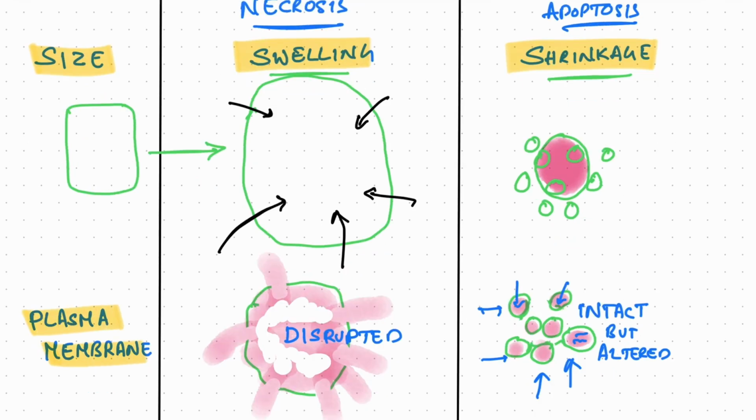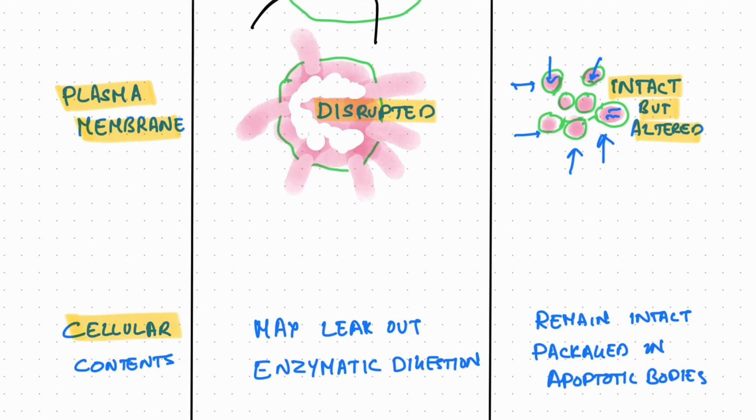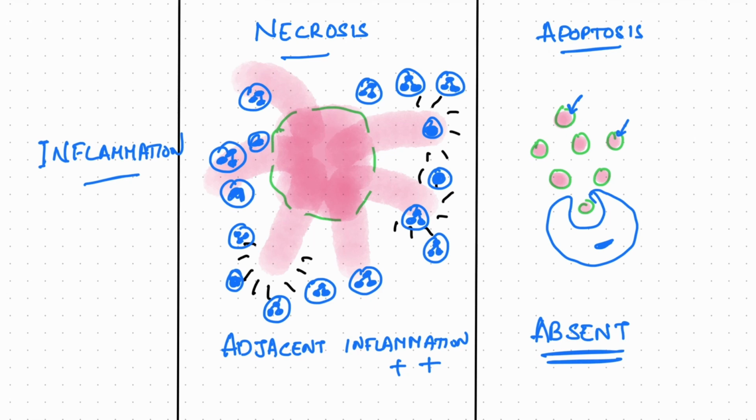The plasma membrane is disrupted in necrosis, but in apoptosis it is intact but altered. Cellular contents may be digested and may leak out in necrosis, whereas in apoptosis they are packed into apoptotic bodies and remain intact. Inflammation is frequent in necrosis, whereas it is usually absent in apoptosis.